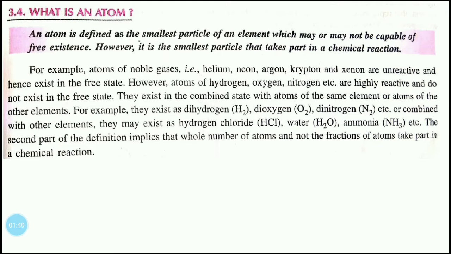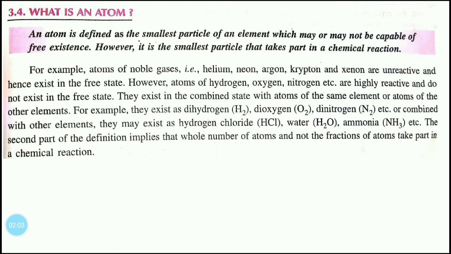For example, atoms of noble gases like helium, neon, argon, krypton, xenon are unreactive and can exist in a free state. So what exactly does it mean? Basically, it means that helium can exist individually, neon can exist individually.